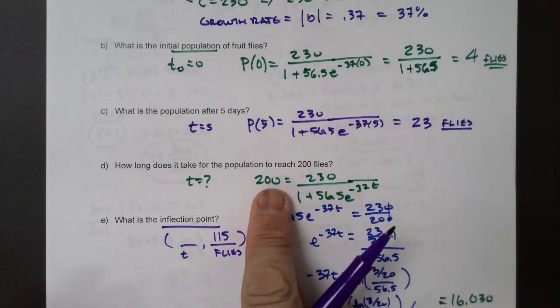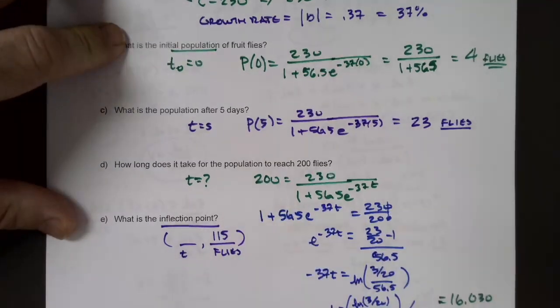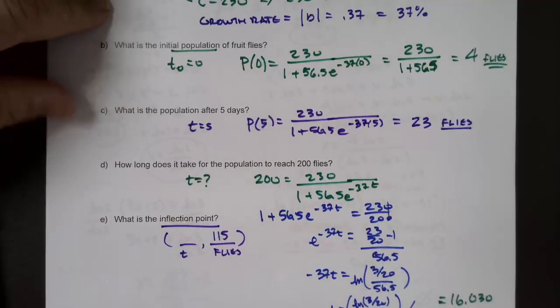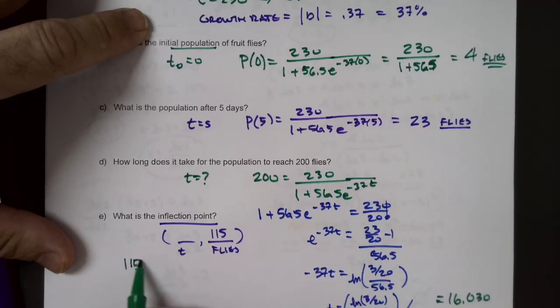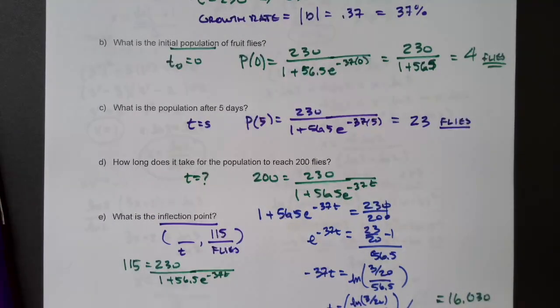So it's similar to what we did right here. We're going to put the 115 here, 230 divided by the 1 plus 56.5 e to the -37t. And this time, I probably learned my lesson from all of this over here.